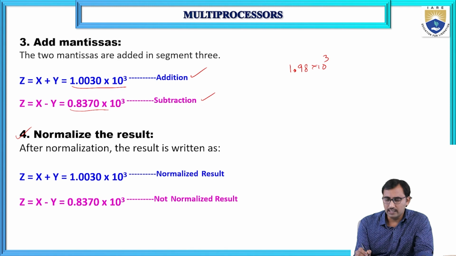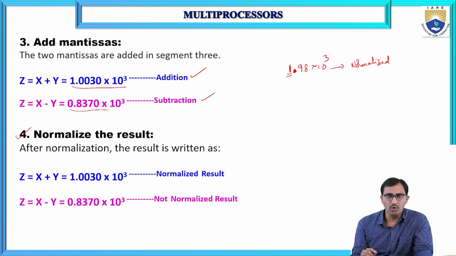So if we have a non-zero value before the decimal point, and this non-zero value is not followed by any zeros, then it is said to be normalized. Suppose I have a 0 before the decimal point, like 0.8543 into 10 power 3. So here it is not normalized.